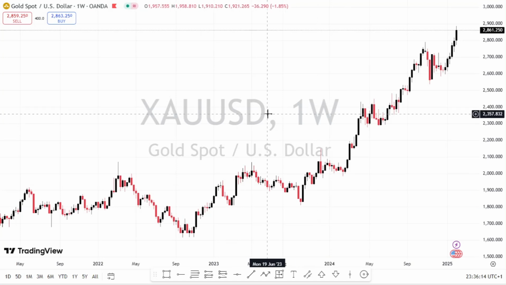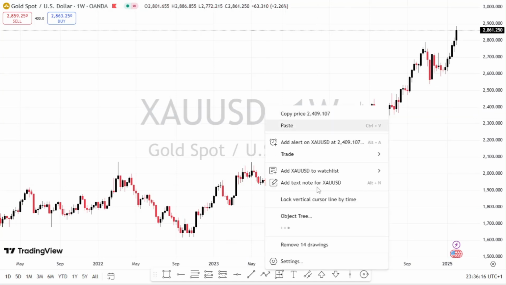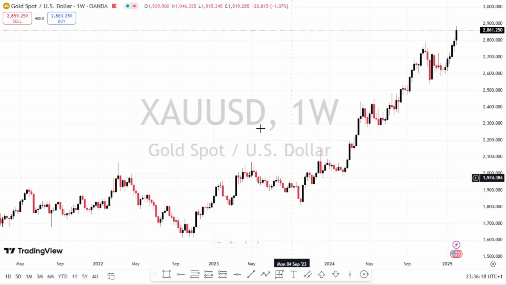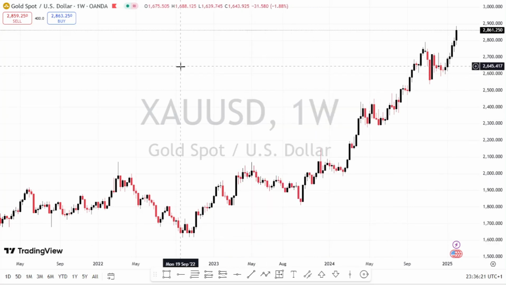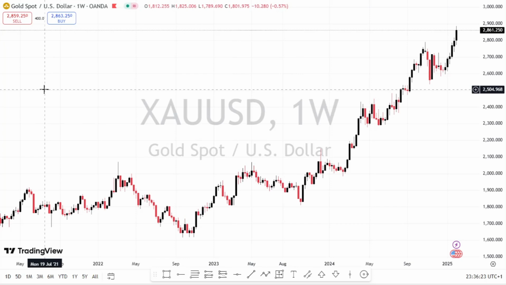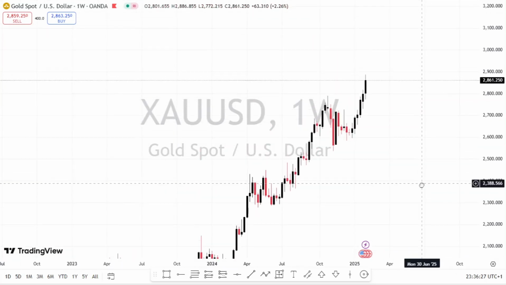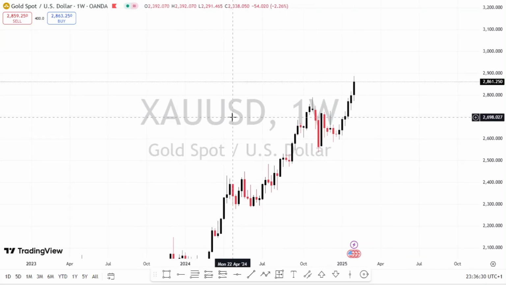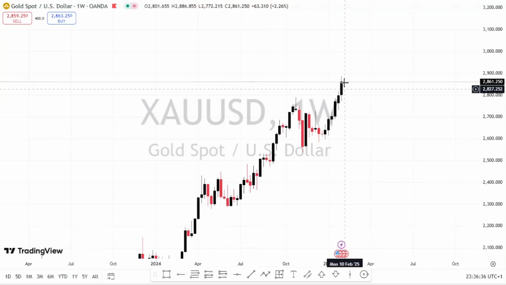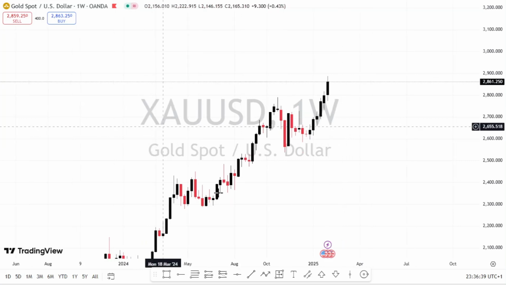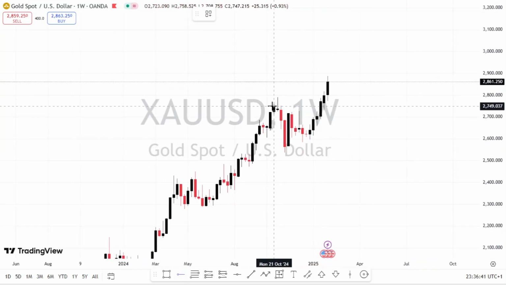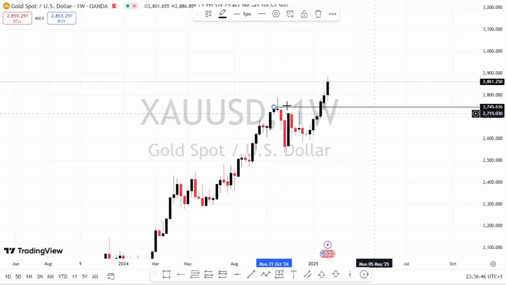So now we are on the weekly time frame. We have cleared all previous drawings. So what do we have here? First of all, the market is still at this all-time high. There's nothing much on the weekly time frame except this resistance and support level at this point.